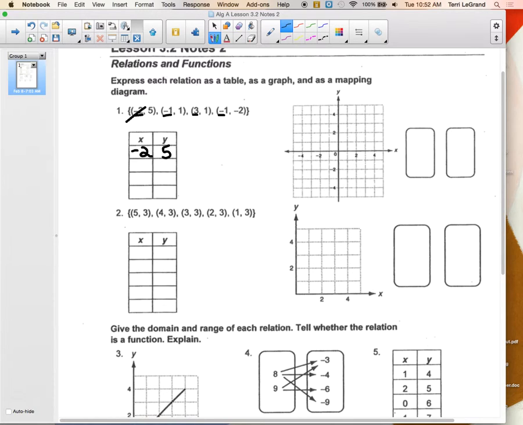What should we put as our next one? Okay, -1, 1. So we've used that one up. And we get another one that has an x value of -1, so we'll do that one also, and that one has a y value of -2. And then our last ordered pair has an x value of 3 and a y value of 1.